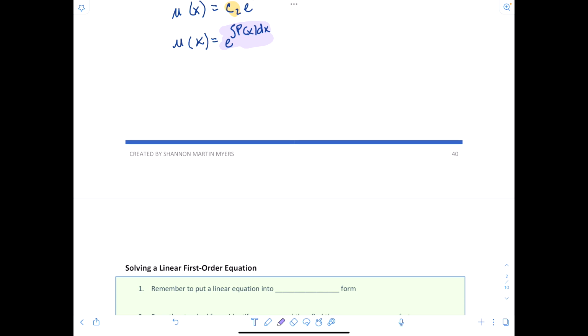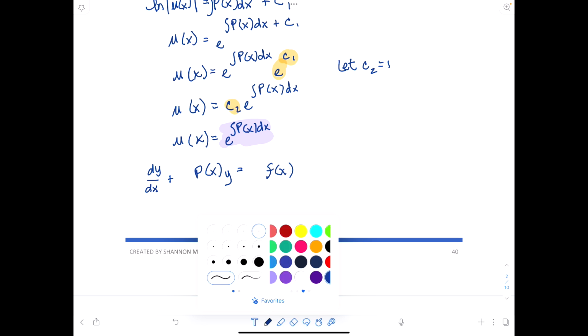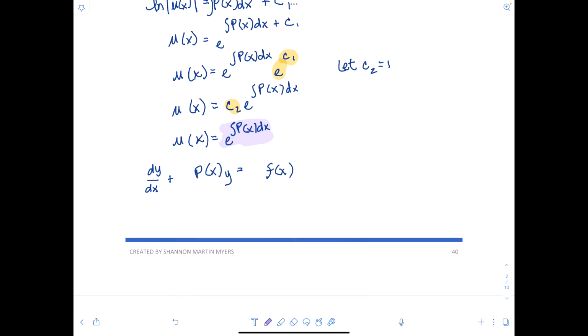So now, if I start working with this, we have the whole equation dy dx plus p at x times y equals f at x. And what's happening is we are multiplying through by our mu at x. But what is mu at x?